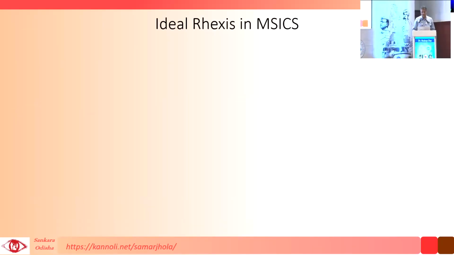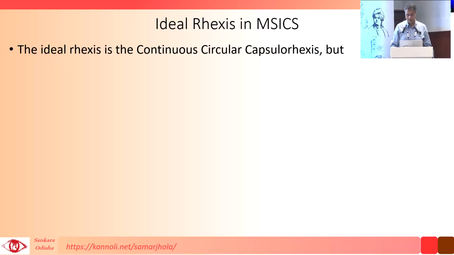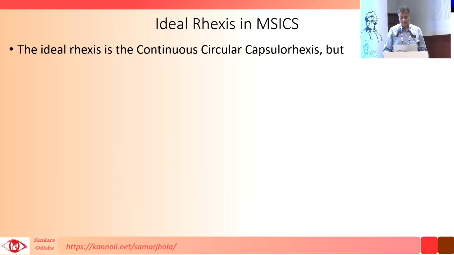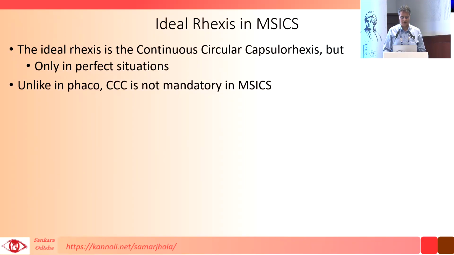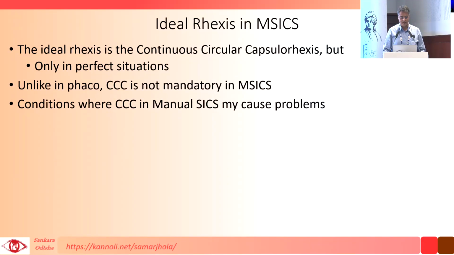So the ideal rhexis in a manual SICS would be a continuous circular capsular rhexis as we do in phaco, but this is not absolutely mandatory. This is only in ideal, perfect situations. And there are cases in SICS where CCC may actually cause problems.